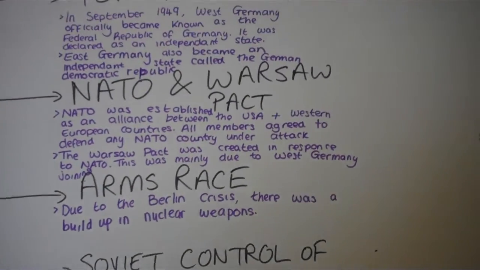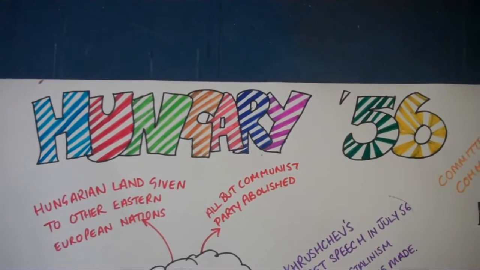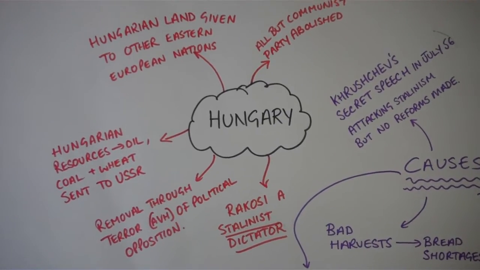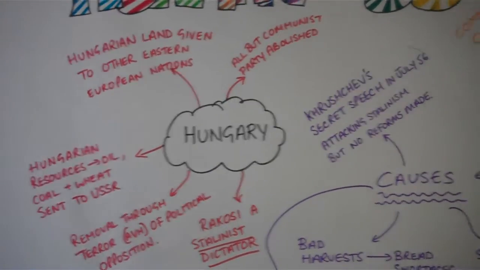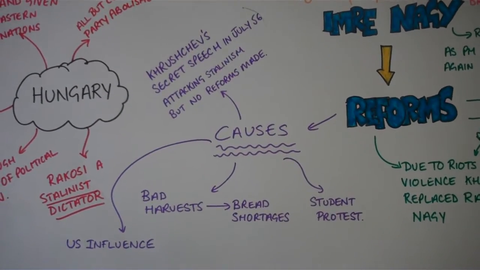Europe. We then move into looking at Soviet control of Eastern Europe with having a look at Hungary in '56, with why it happened, what Hungary was like beforehand, what the causes were.